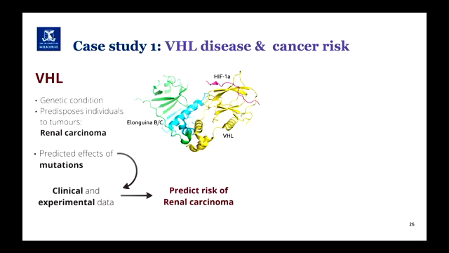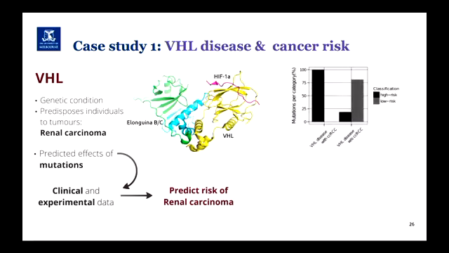And what we did was, based on that, develop a meta predictor to predict risk of renal cell carcinoma, which went really well. So it achieved around 95, 98 precision. And what happens with people with VHL in the UK before this was the following. You have history of VHL, you need to be screened for cancer every 3 months or 6 months or something like that, regardless of your background.